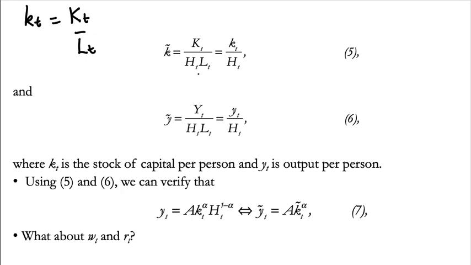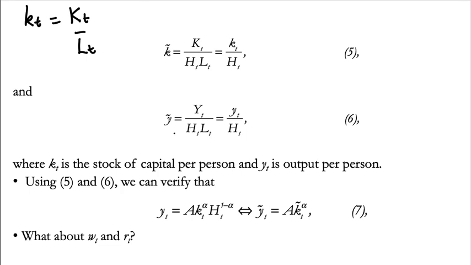However, because we attach technology to the labor itself, which is H_t, when K_t is divided by H_t L_t, it becomes k tilde, and this k tilde is basically capital per effective labor, not just per labor, or per effective worker, not just per worker. Similarly, y tilde here is output per effective labor.